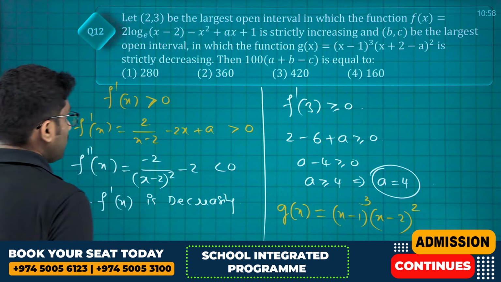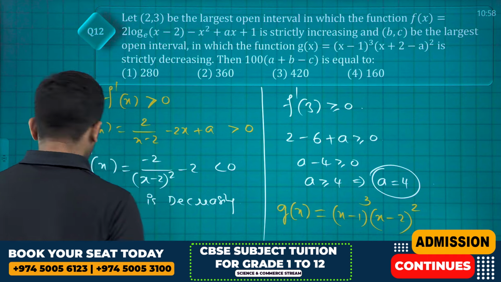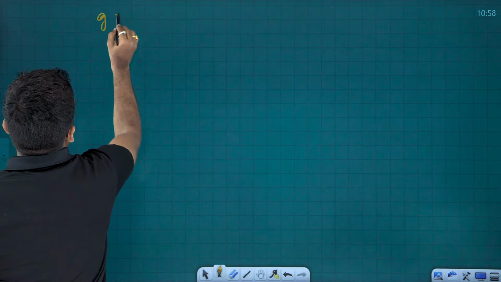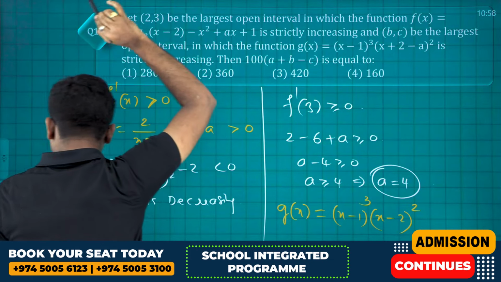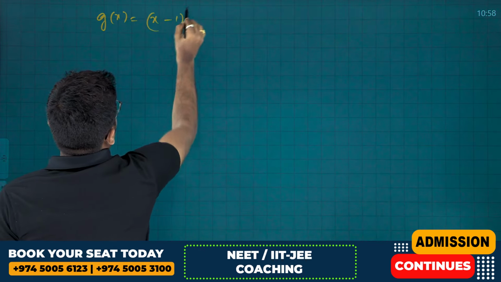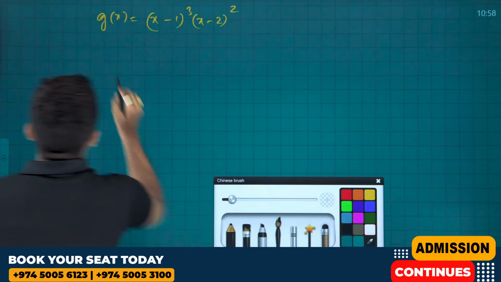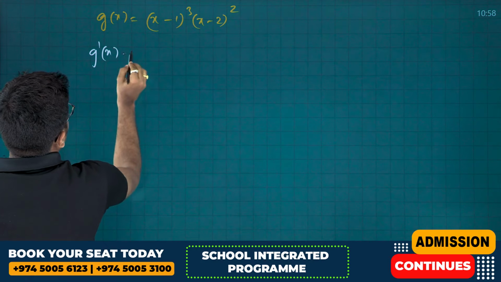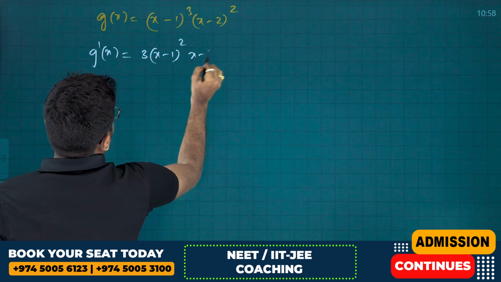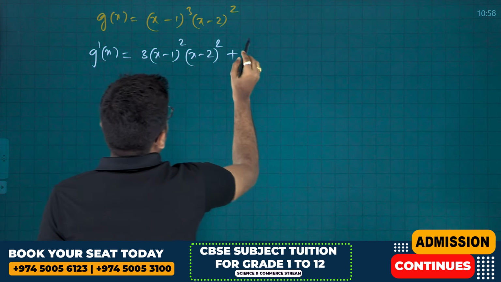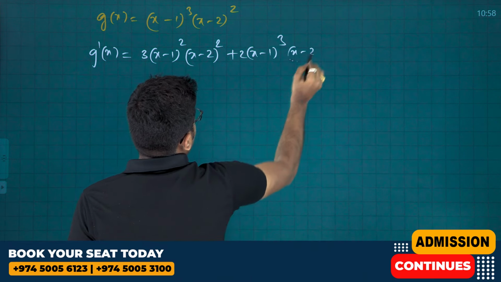First we will take x minus 1 whole cube into x minus 2 whole square. G of x is nothing but x minus 1 whole cube into x minus 2 whole square. We will find g dash x. Now g dash x is equal to 3 times x minus 1 whole square into x minus 2 whole square plus x minus 1 whole cube into 2 times x minus 2.